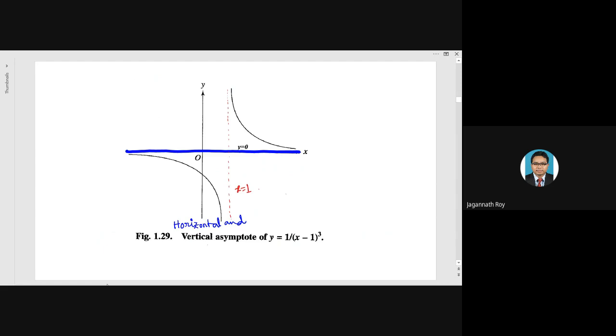Now if you plot this diagram, it looks like this. Earlier we had seen that x equals 1 is a vertical asymptote, but at the same time y equals 0 is a horizontal asymptote to the same curve. The curve is y equals 1 upon (x minus 1) cube. This can also be written as x equals y to the power 1 by 3 plus 1.